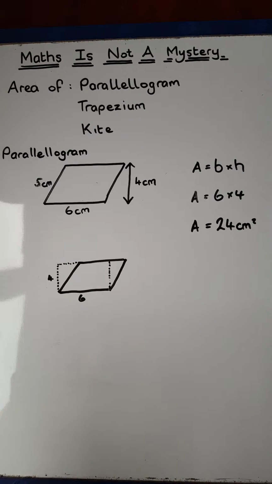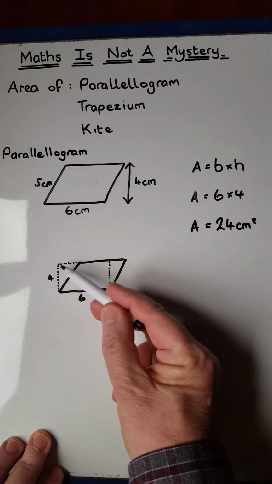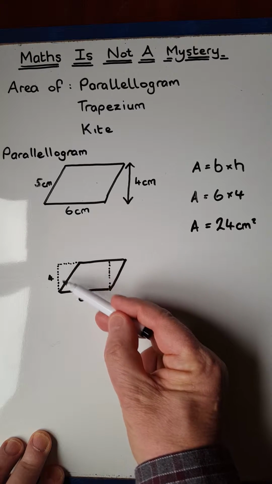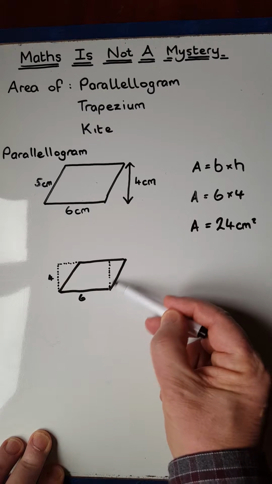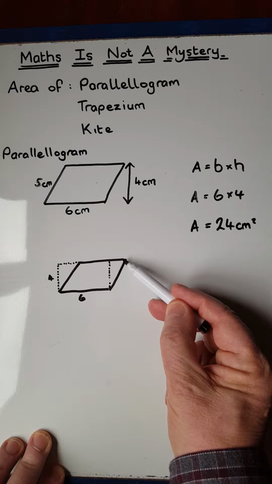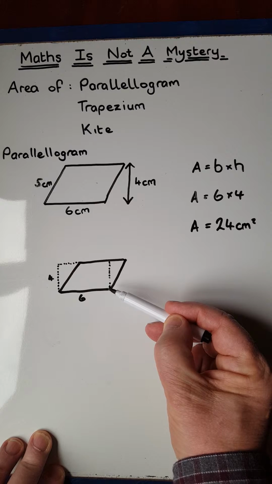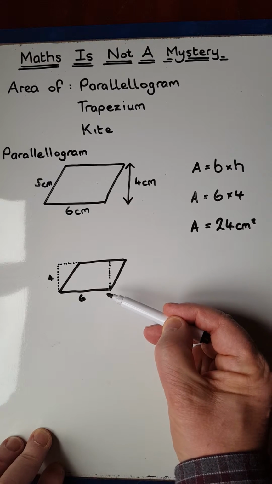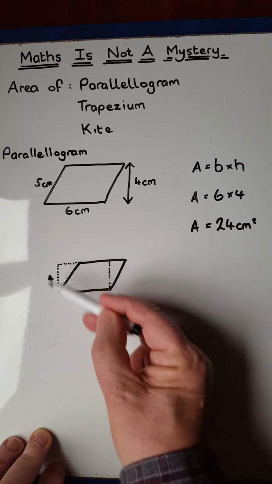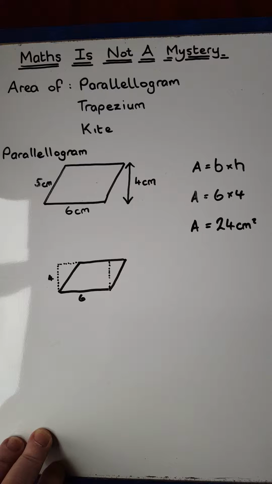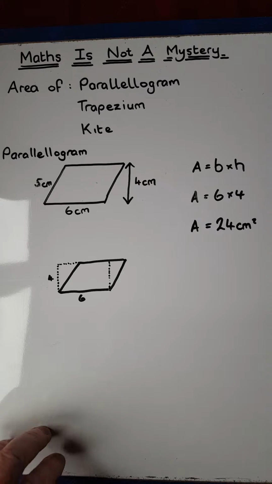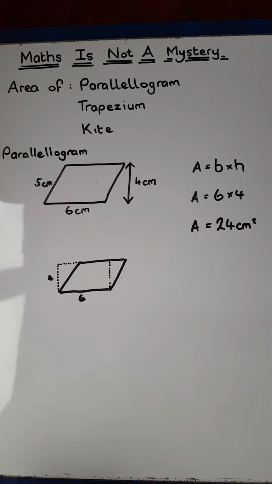That would be like a straightforward rectangle. Obviously that little corner is cut off the parallelogram, but this corner is added on to the parallelogram. They're both the same size as each other, so it's exactly the same as treating it as though it's a straightforward rectangle.